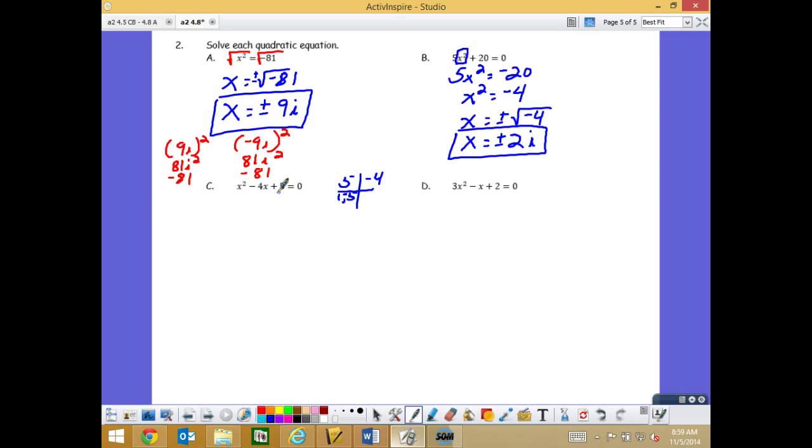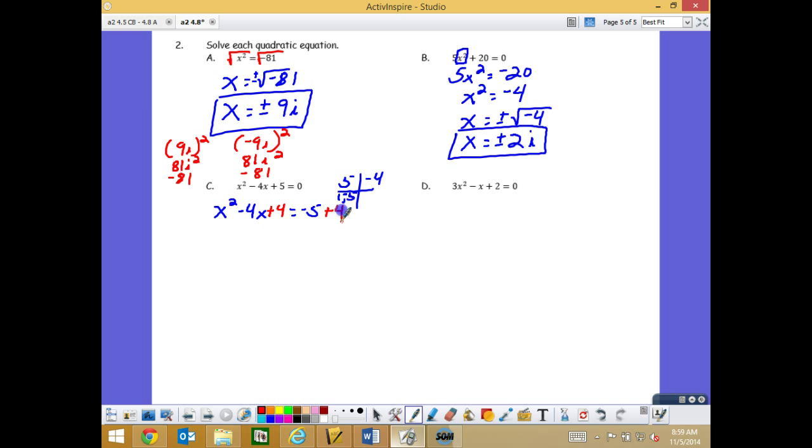And since a is 1 and b is even, I'm going to complete the square to solve this one. To complete the square, we clear the constant first. And then we take half of 4, which is 2, and then square that.